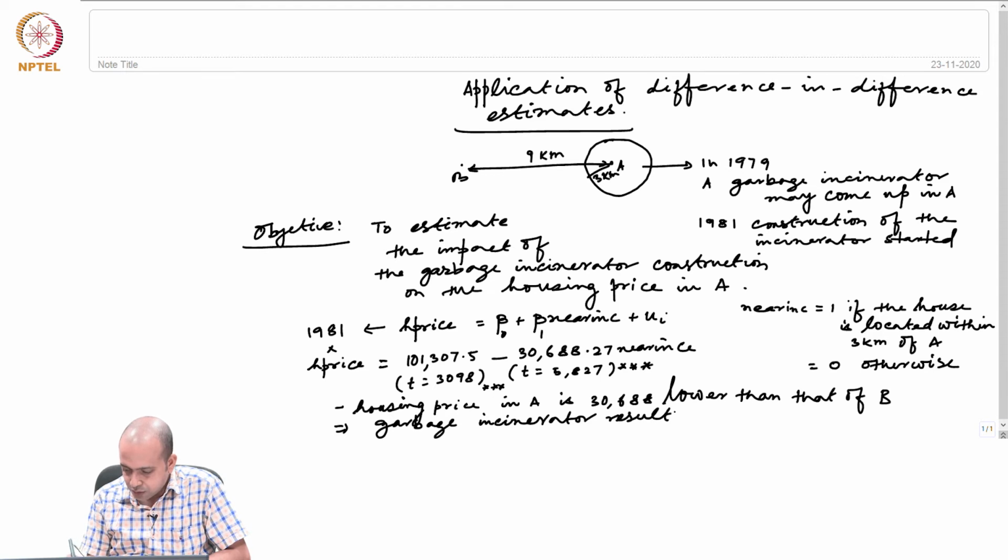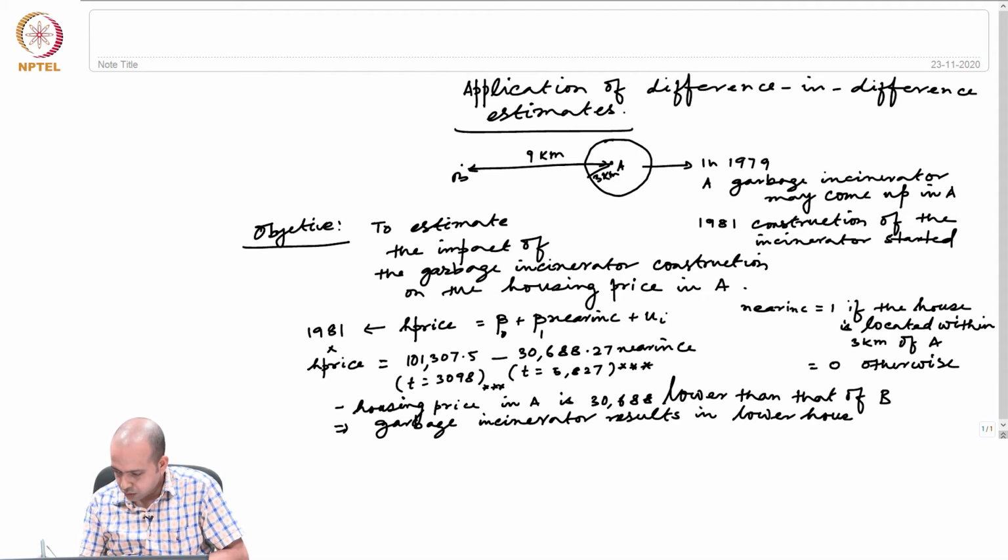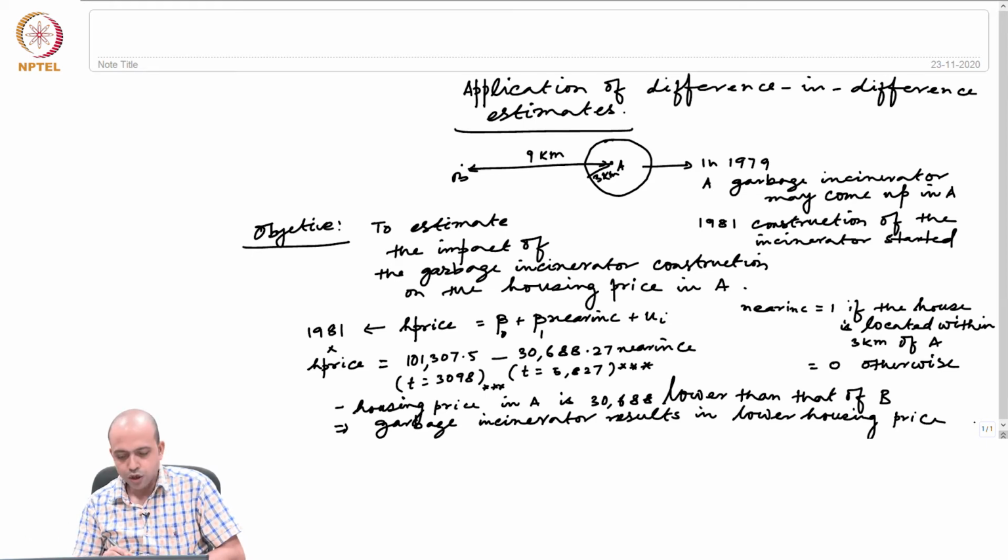So, the first thing is correct, because that is straightforward coming from the dummy variable estimates. The results show that the housing price in A is 30,000 lower. But whether that is due to the garbage incinerator or not, if you draw that conclusion, then that might be wrong.